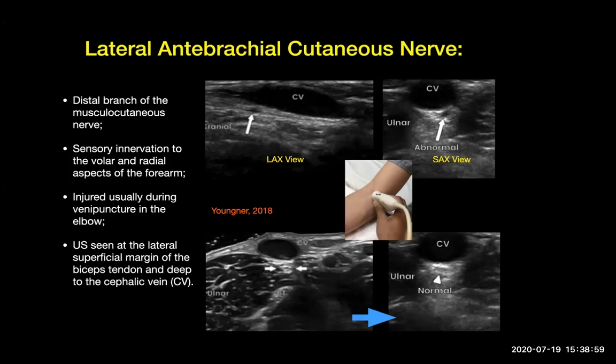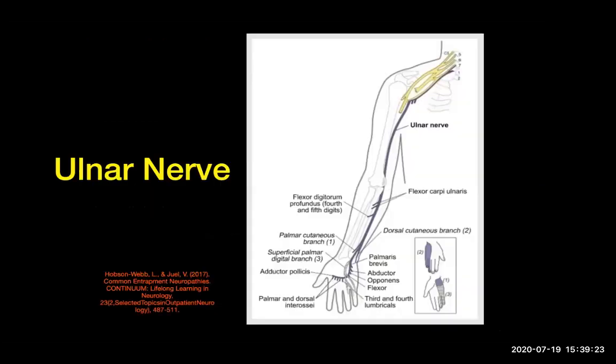And so this is usually the reason for the pain. Sometimes the patient would say, oh, that's so painful. It's only because you have actually hit the lateral antebrachial cutaneous nerve, which is just posterior to the cephalic vein. So just be very careful not to puncture that vein, because right beneath that is actually the lateral antebrachial cutaneous nerve. Now let's go to your ulnar nerve.